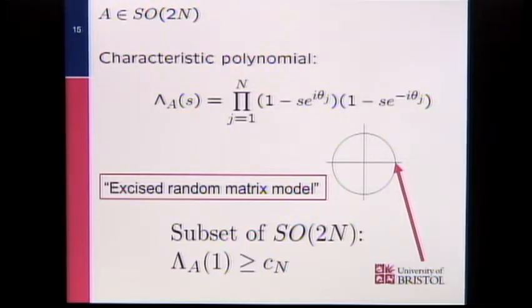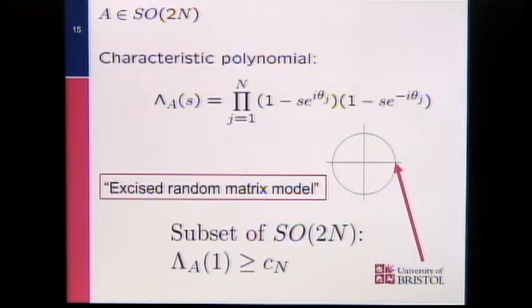So to model rank 0 L functions associated to rank 0 curves, we're going to generate matrices from SO2n, and we're going to jettison any of them that have a value of the characteristic polynomial at 1 that's too small, and just keep the ones that have a value of the characteristic polynomial at 1 that is bigger than some cutoff.